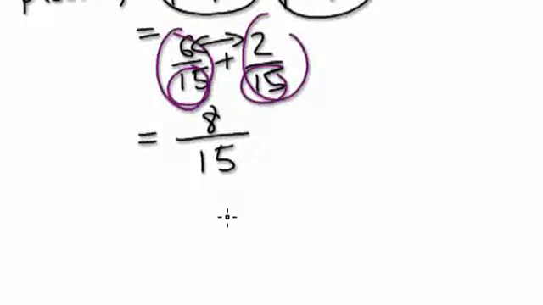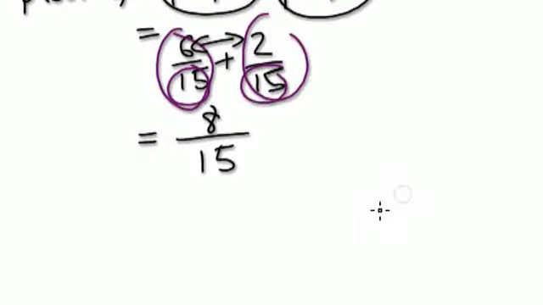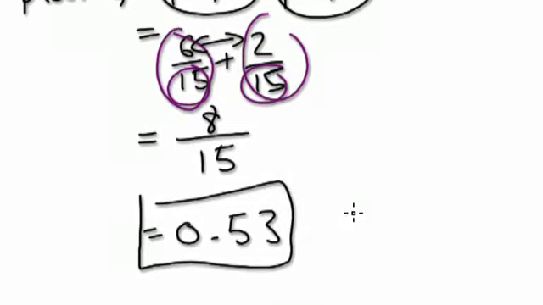Now jump over to a calculator. Hang on, where's the calculator? So 8 divided by 15 equals 0.53. So flicking a coin is 0.5, and getting the same color is 0.53.